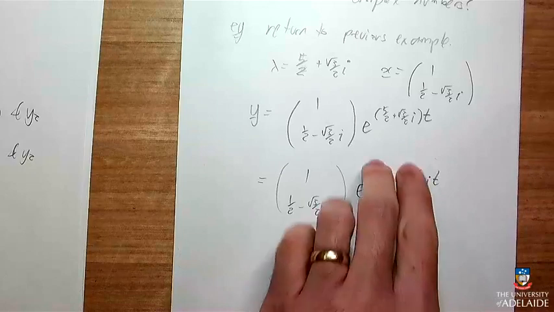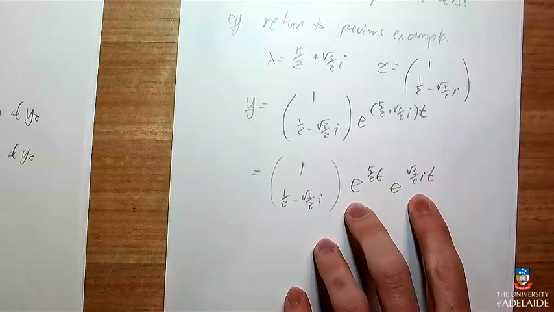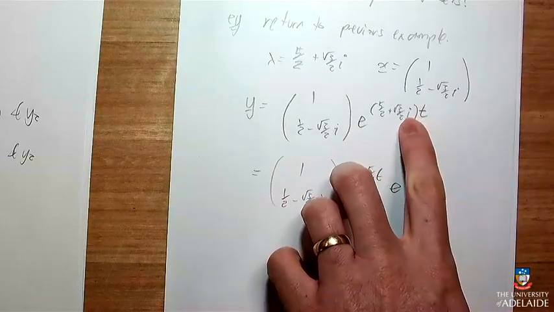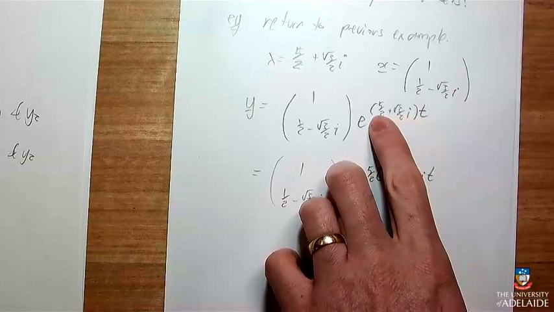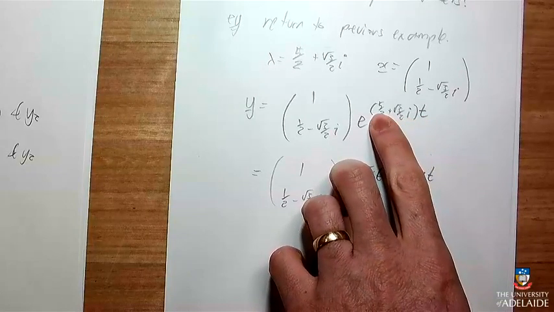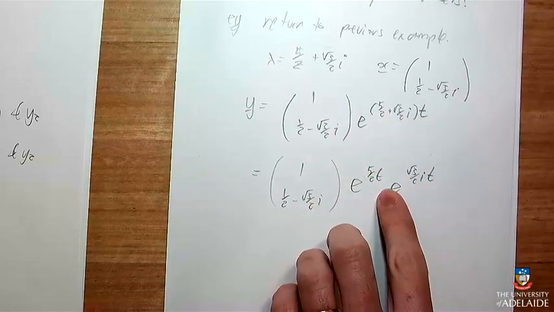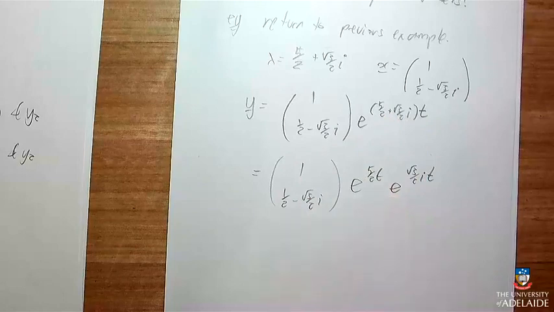First, I'm going to separate this e into two pieces that are multiplied together. So I'm expanding out the t, multiplied by both of these, and then addition up in the power is multiplication down here. And the reason I've done that is because I don't know how to figure out e to an imaginary number unless it doesn't have any real numbers attached to it.